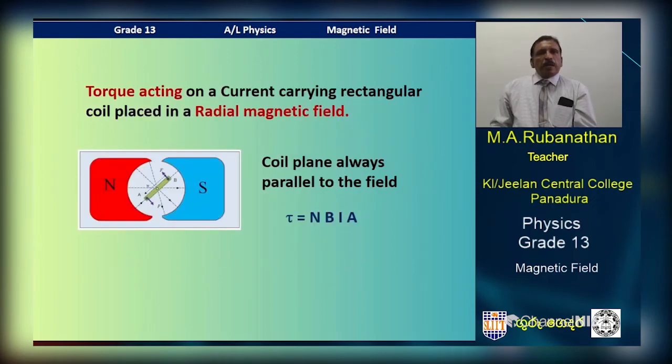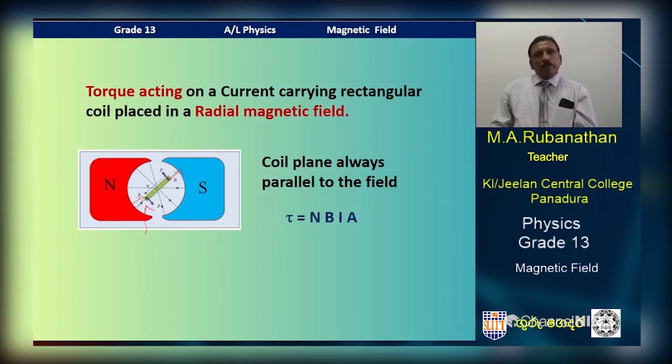Torque acting on a current carrying rectangular coil placed in a radial magnetic field. Now we are going to place the rectangular coil in this radial magnetic field. What will happen? Let us see the picture clearly. The coil plane is always parallel to the field. See the coil here and the field lines. So the field lines are always parallel to the coil.